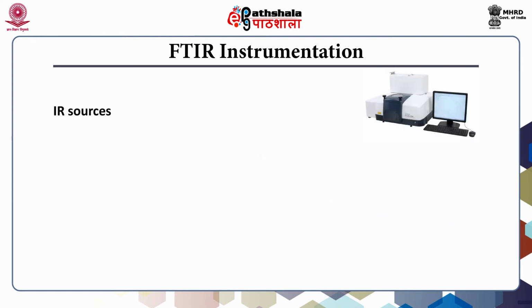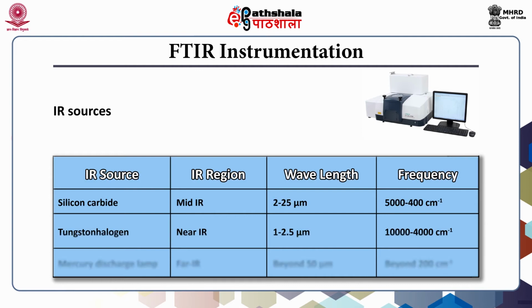Most FTIR spectrophotometers are used in the mid or near infrared region. Wavelength in the mid IR region is 2 to 25 micrometer, which corresponds to a frequency of 5000 to 400 inverse centimeter.